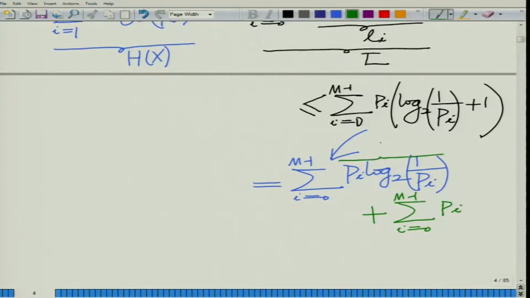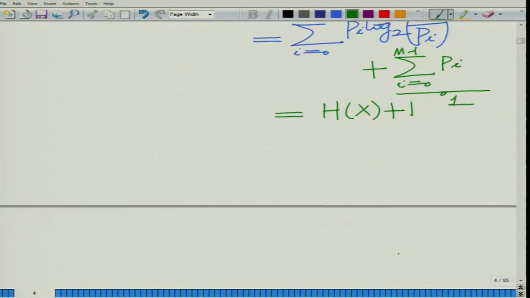Now this quantity is once again H(X), and the summation of all the probabilities, that is the total probability, is equal to 1. So this is basically H(X) plus 1.